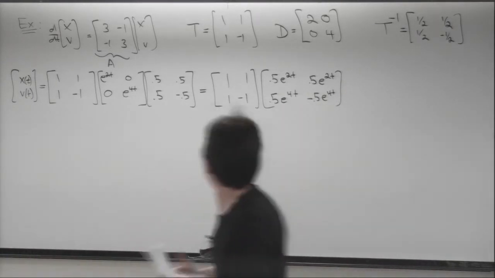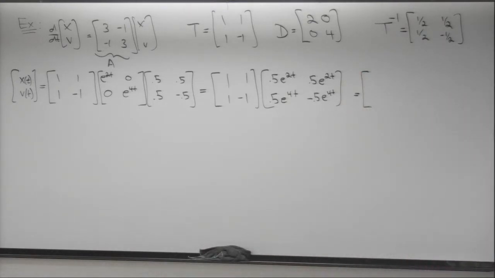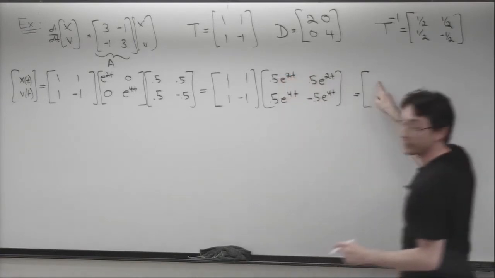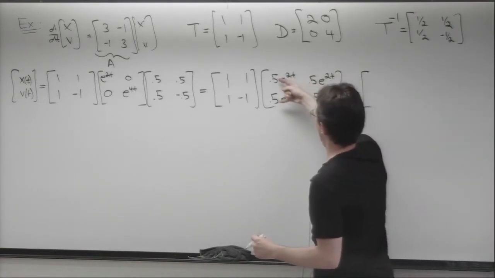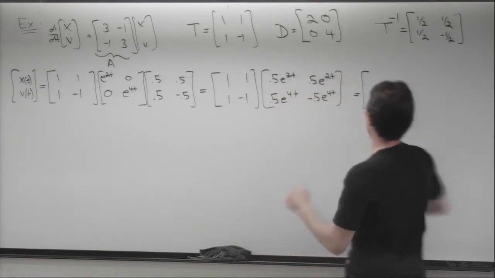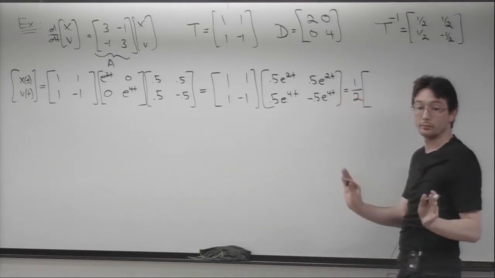Ooh, one got away from me. All right. So in the first entry, we have 1/2 e to the 2t and 1/2 e to the 4t. Everything has a 1/2, so I'm just going to pop the 1/2 out front.